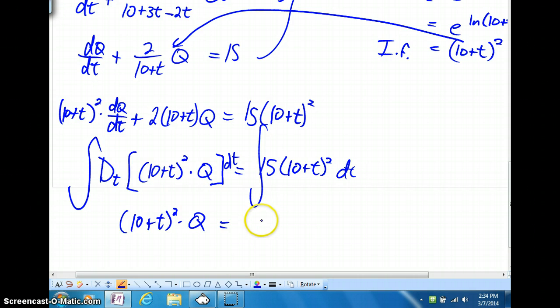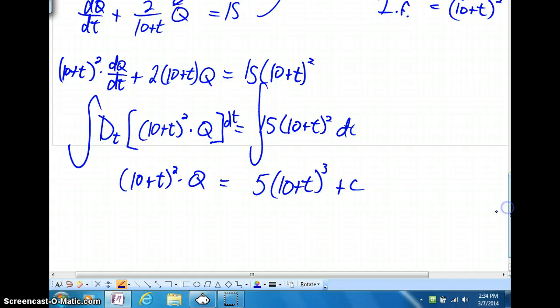So what are we going to have then? 5u to the third. And what was our u again? It was 10 plus t. Now double check that you're right. If you've just taken your antiderivative, take a derivative right now. Are we right? Yeah, take the derivative, you're good. Oh, don't forget this pesky little constant. Doesn't go away.